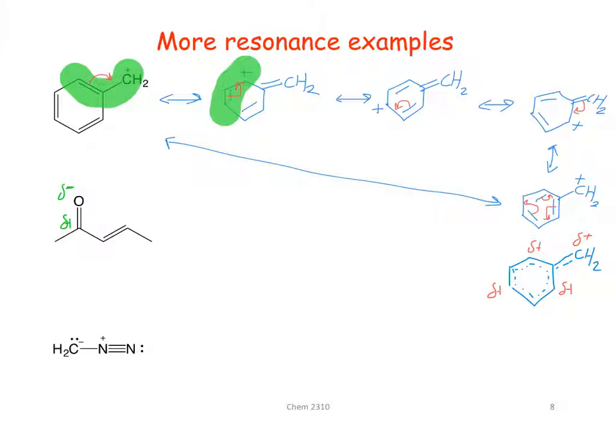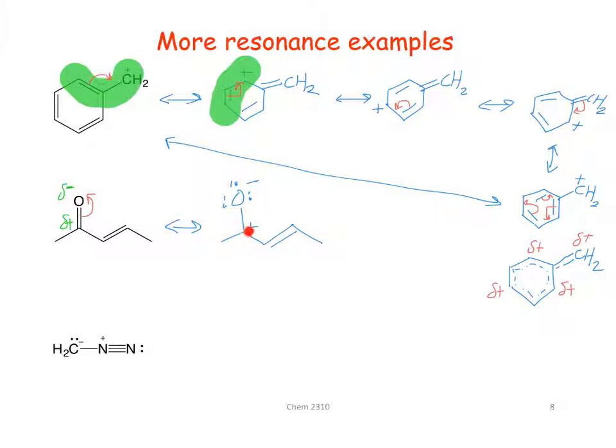All right, we can reinforce this with resonance. If we move these pi bonds up onto the oxygen, we can get a resonance structure that now looks like this, with a plus here. And then notice what we have now.